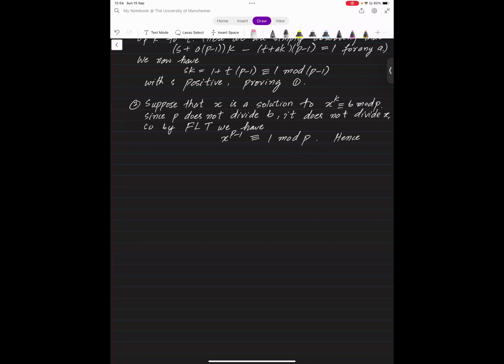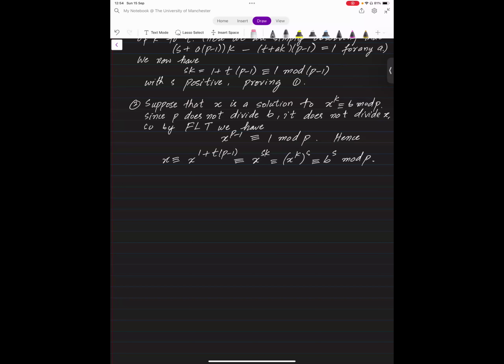Hence, x is congruent to x power 1 plus t into p minus 1, which is congruent to x power sk, which is congruent to x power k power s, which is congruent to b power s mod p.